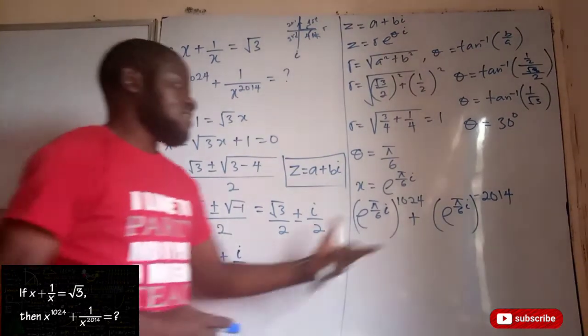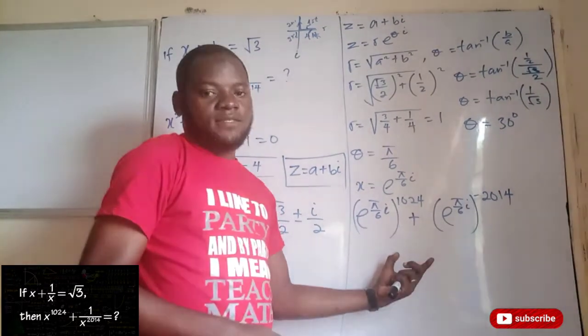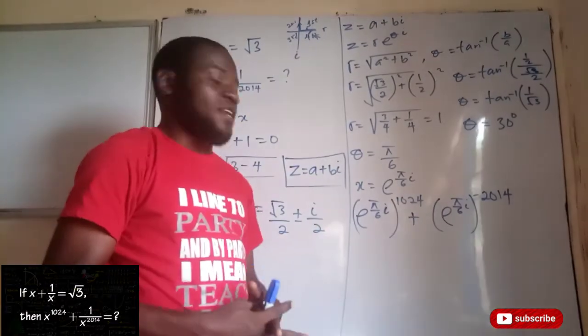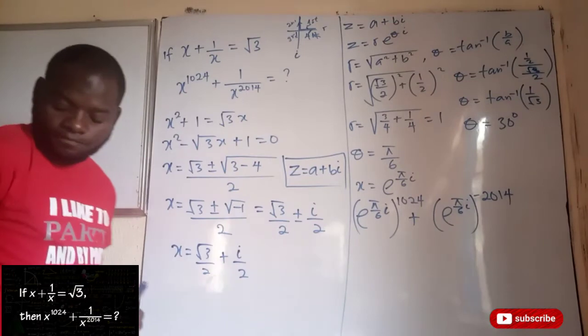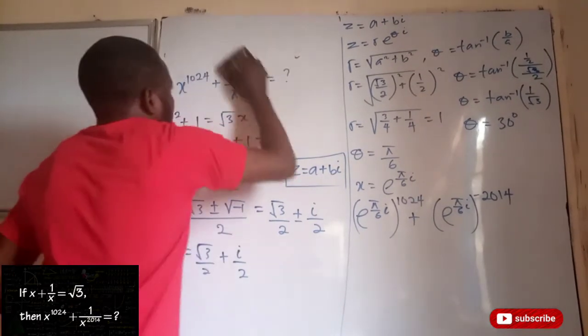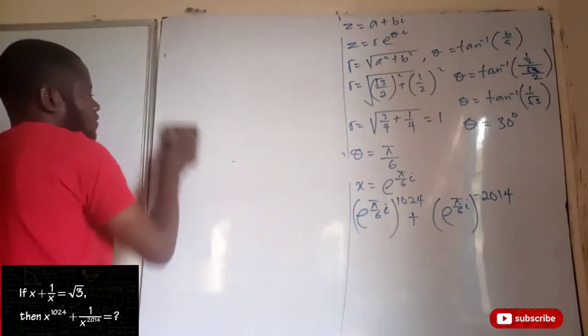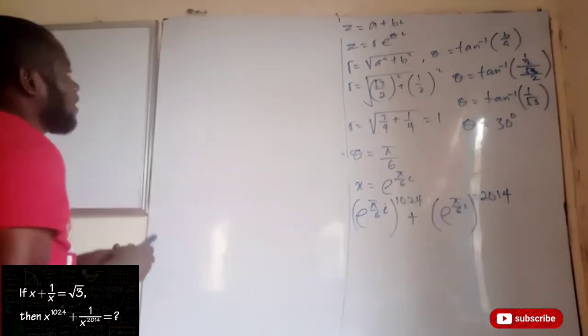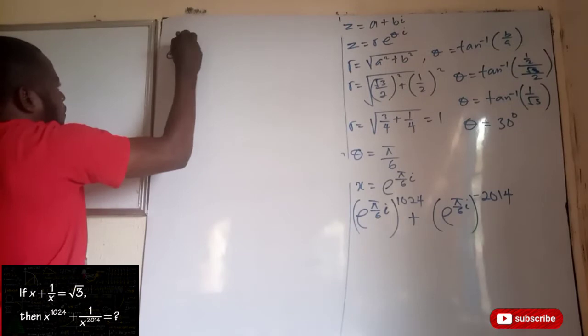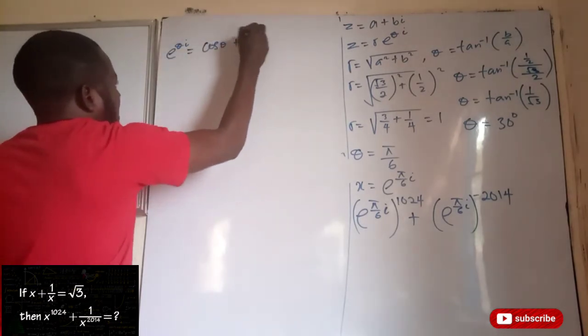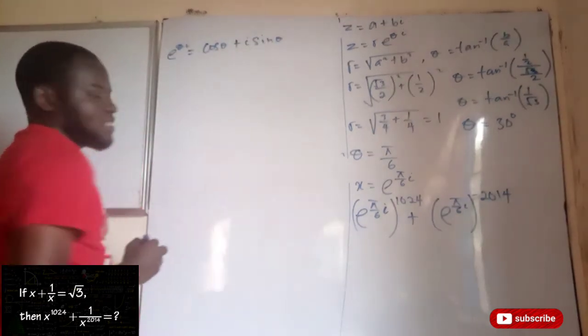Okay, this is still not suitable to work with. We can now change this using Euler's formula. From Euler's formula, if I have e to the power of theta i, this is the same thing as cos of theta plus i sine of theta.